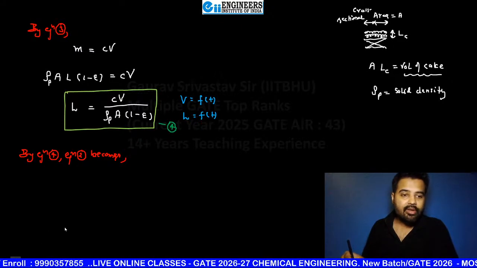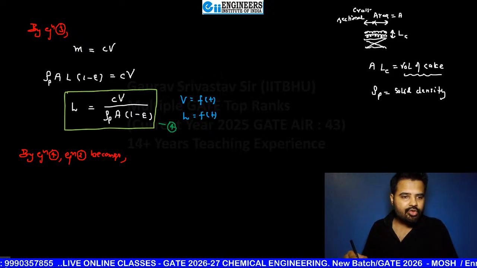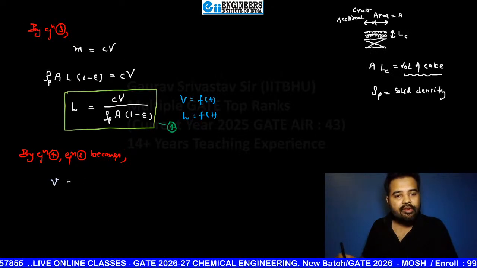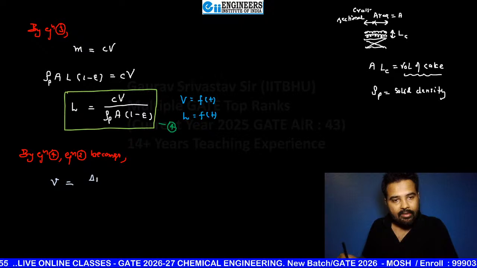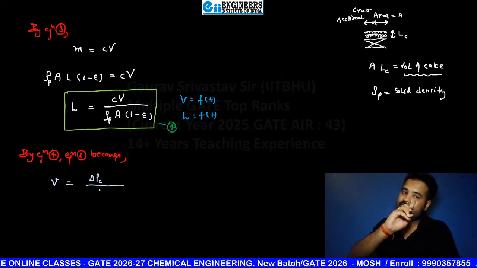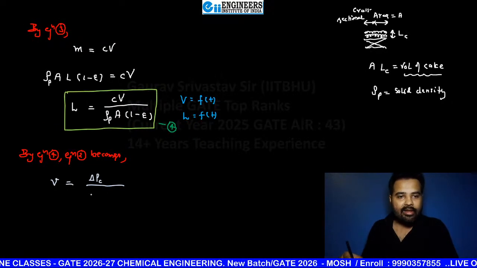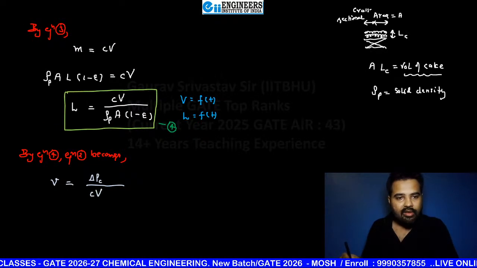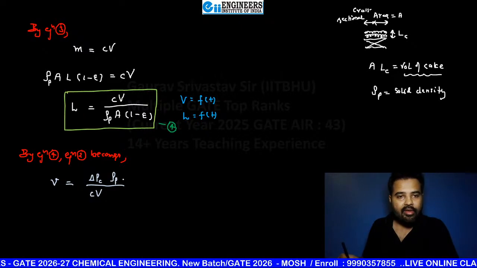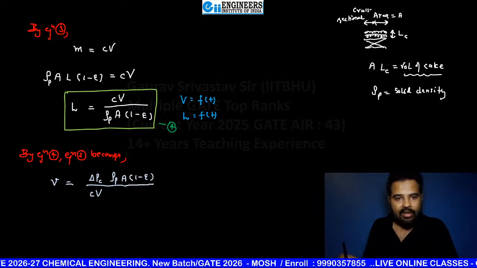Now let me check. See, this is your equation number 2. So V is equal to delta P C. Here you have to write P C because P C is different from delta P. And upon L, in place of L, I can write small c, capital V, and upon rho P A 1 minus epsilon.